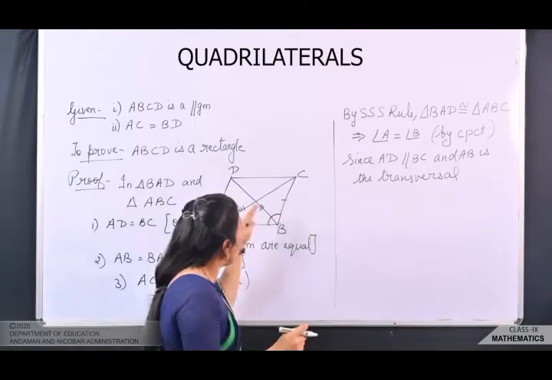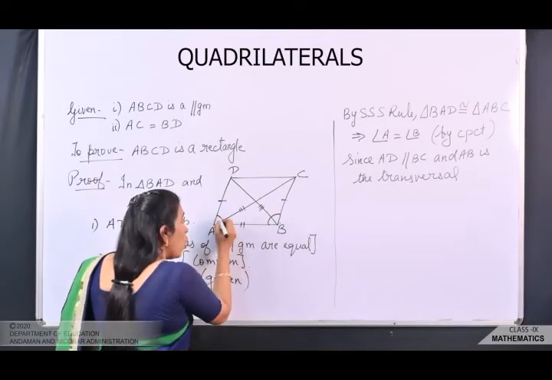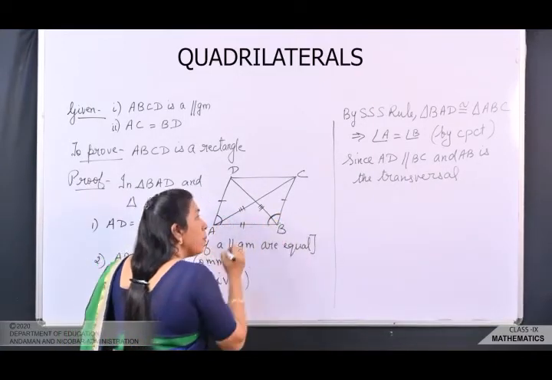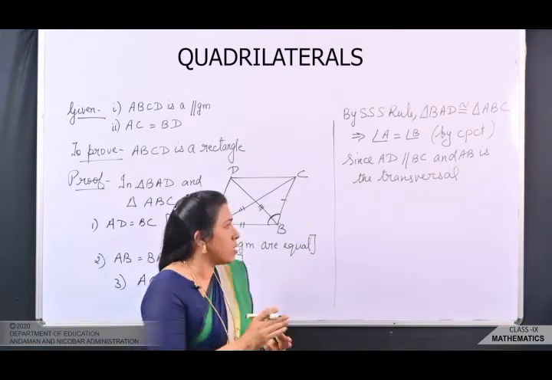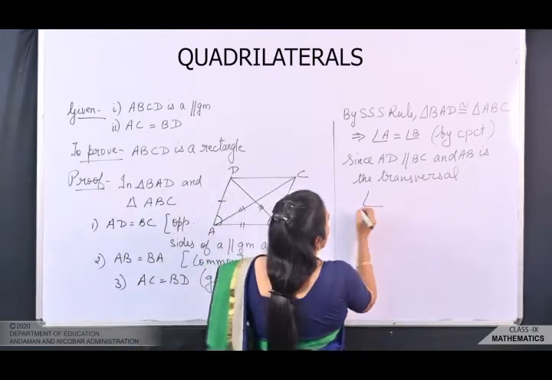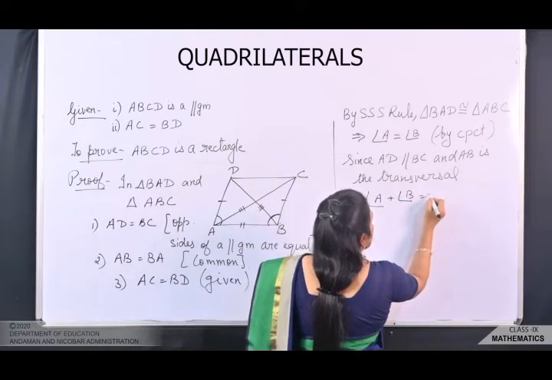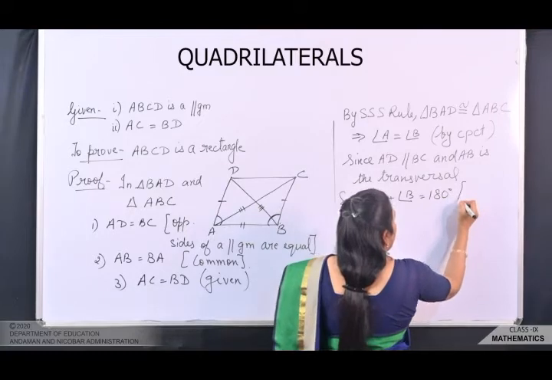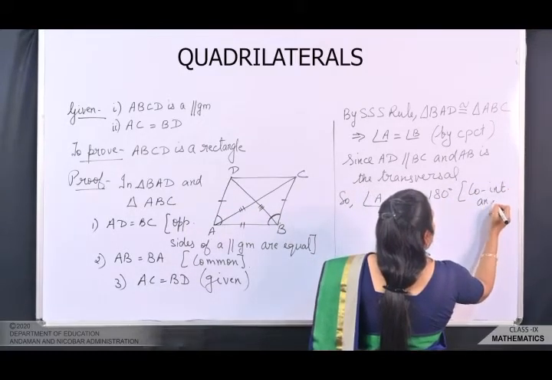Okay? Because these two lines are parallel and this is your transversal, so sum of these two angles will be 180 degree because they are forming co-interior angles. So we'll write, so angle A plus angle B is equal to 180 degree because they are co-interior angles.